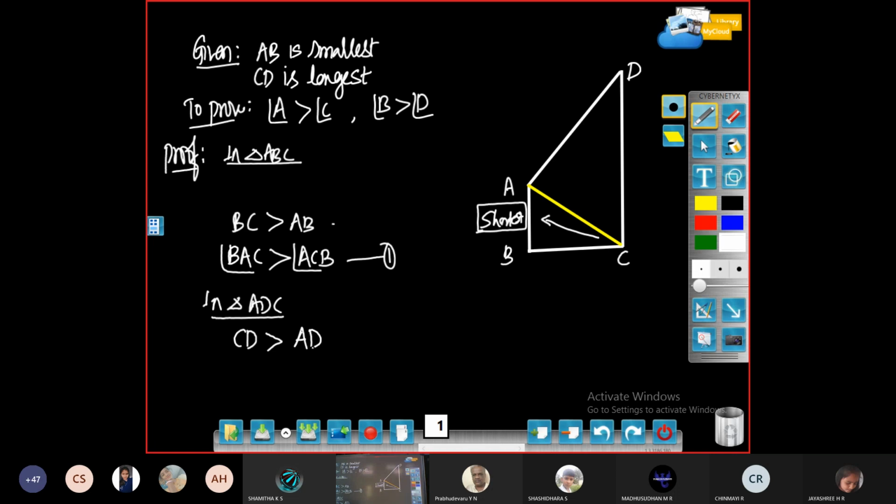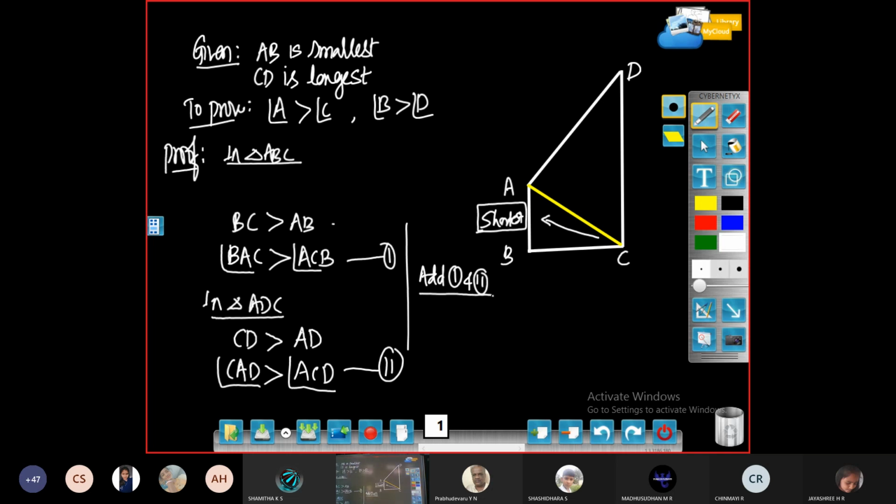Then you write the opposite angles. Opposite angles of this one. The angle opposite to CD is CAD, which is greater than the angle opposite to AD, which is ACD. So you call this as 2. Add this 1 and 2 now.